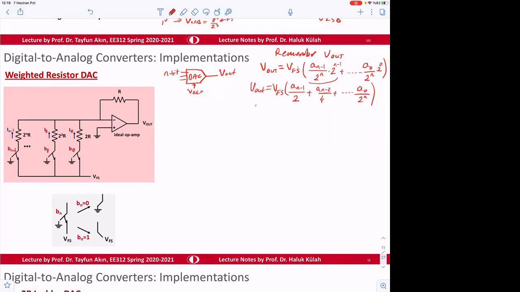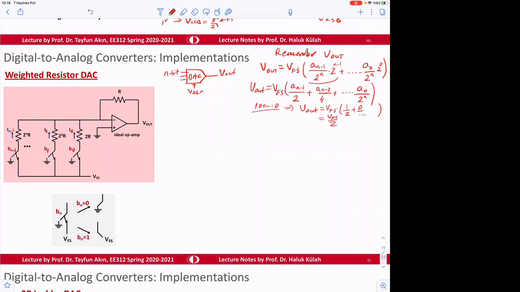So if the signal is 1 0 0 0 0 0 0, then V out is going to be V full scale times 1 over 2, and others are going to be 0 over something. Okay, so output is going to be V full scale divided by 2.